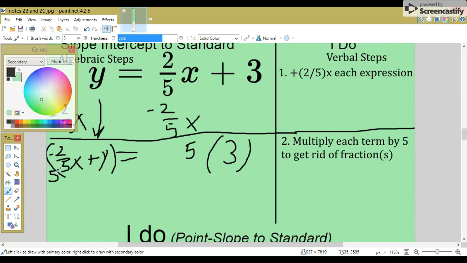So 5 divided by 5 is 1. 1 times -2 is -2. So we have -2x. Multiply this 5 by 1, y, which was plus 5y, equals 5 times 3 is 15. And this is our standard form.